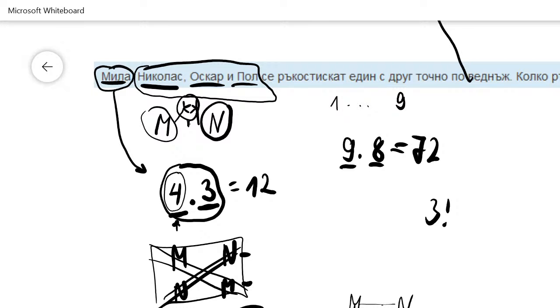But if we had more people, like 100 people, let's say, you can't just do that. But by the way, if we have, let's say, X people, and you want to see how many high fives there are, you can take an X-sided figure.